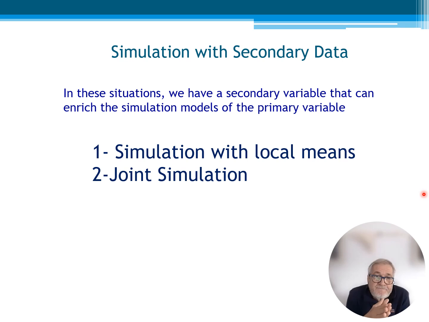You use those auxiliary variables to enrich the final model of our target variable. So we are going to see basically two models. There are many more, but these are the most common: simulation with local means and joint simulation.